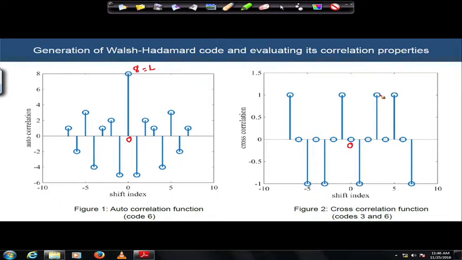The interesting thing is it doesn't go beyond this value, and that is applicable to any two arbitrary codes chosen from the Hadamard matrix. And this is important in a multi-user environment where there is going to be a lot of interference.